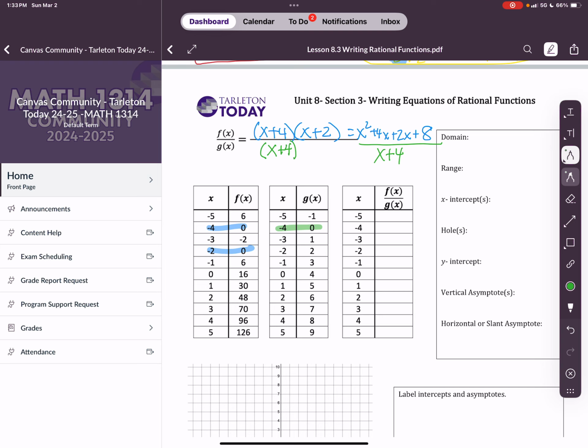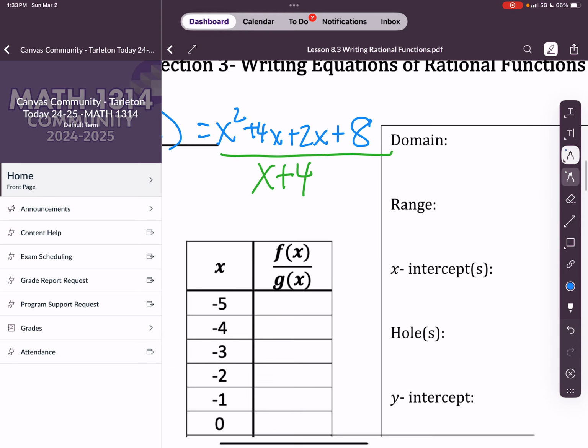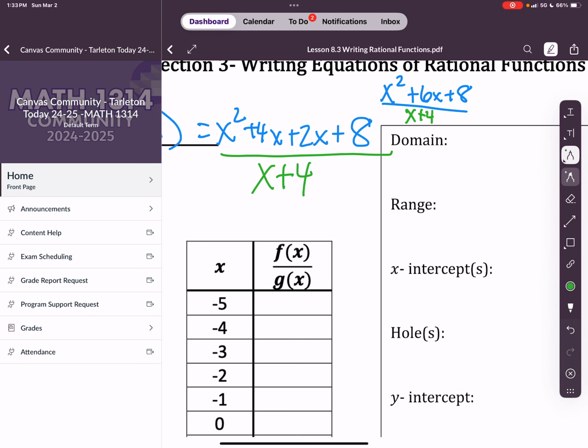So what I need to do though, I need to combine my terms on the top, I'm sorry. So I have 4x and 2x, so I'm going to combine those. And that's going to become x squared plus 6x plus 8, over x plus 4.